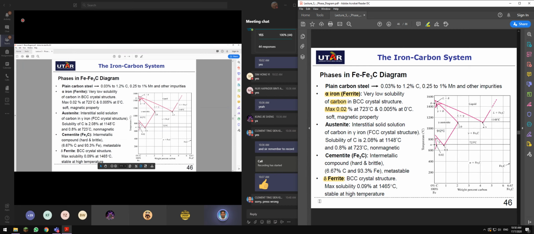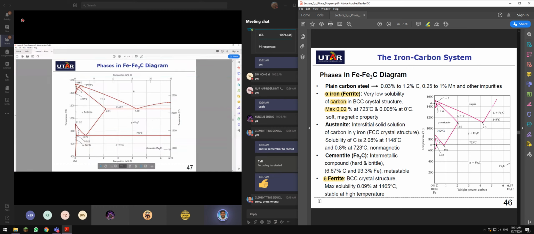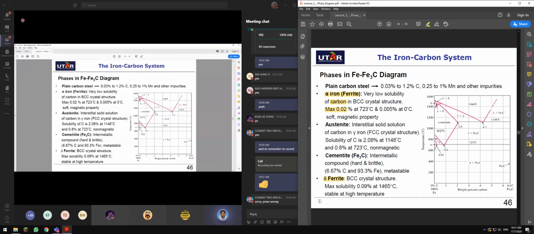Okay, guys. So the first one is ferrite, very low solubility of carbon in BCC crystal structure, maximum solubility at 0.02 over here. And then we have austenite, which is an interstitial solid solution of carbon in gamma iron.